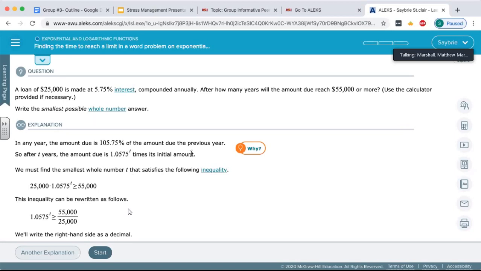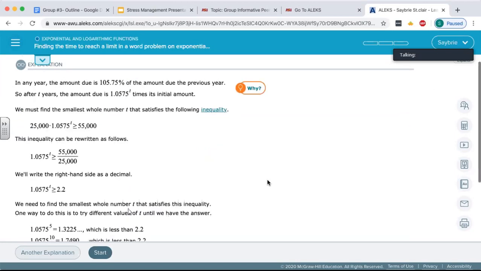Yeah, 5.5% compounded annually. Ooh, these were the ones we were missing, remember? So, let's take a picture of that. Yeah, these are the ones that really stumped us.